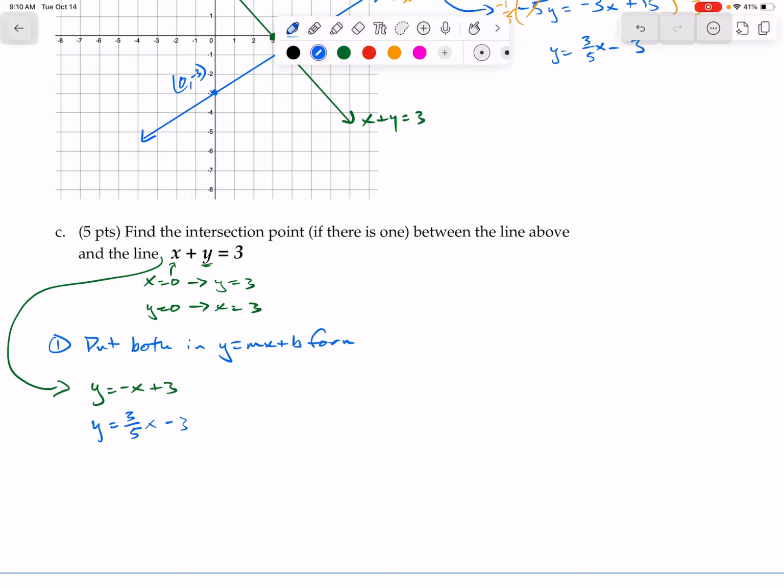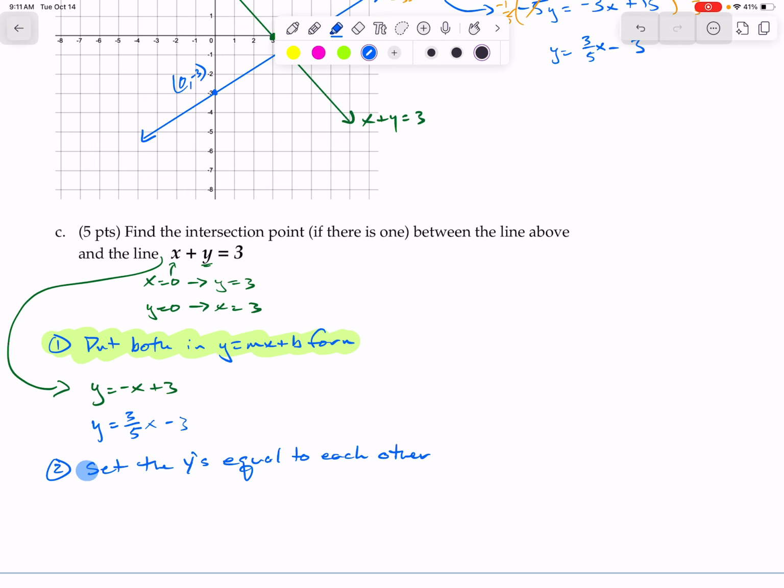So this is my first step. My second step is to set the y's equal to each other. I know that they will be the same thing at the point where they cross.